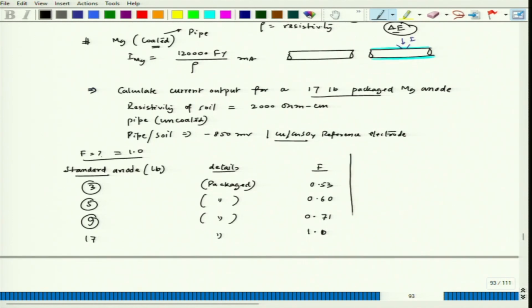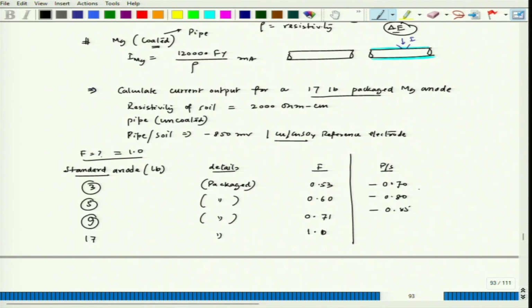On the other hand, you can also find Y from the table. So here P/S, which is the pipe and soil potential difference, if it is minus 0.70, it can vary like 0.80, 0.85.